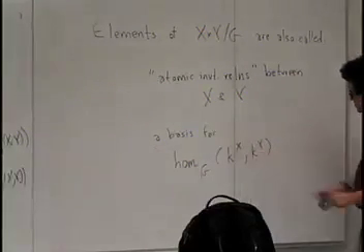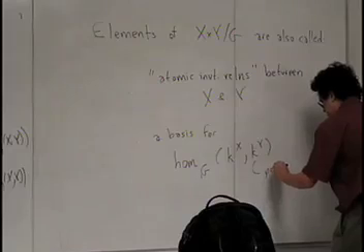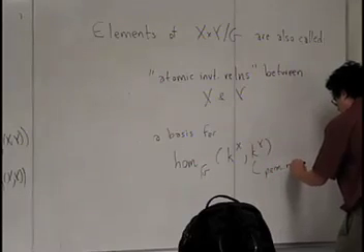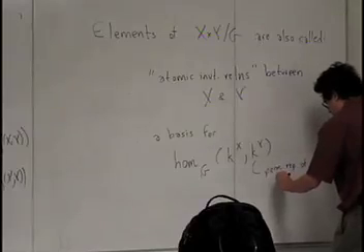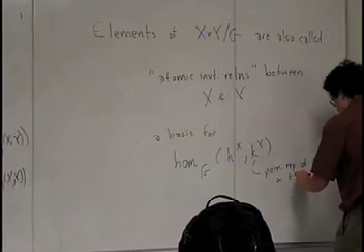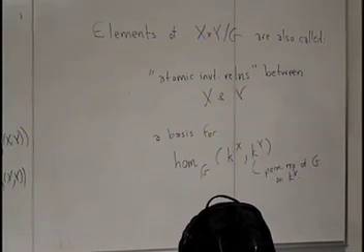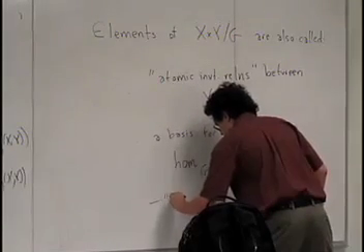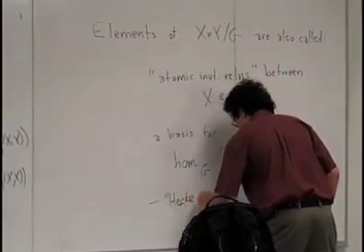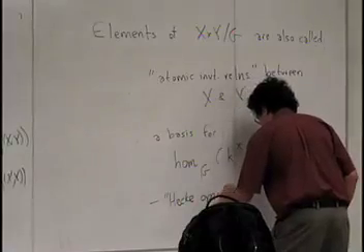Here, these are the permutation representations. This is short for the permutation representation of G on the vector space k to the X, coming from the action of G on X. And the elements of this basis are called Hecke operators.